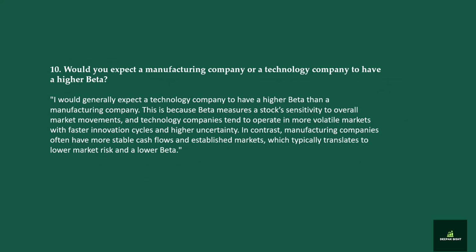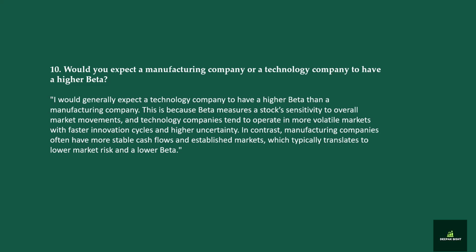Okay. So how would you expect a manufacturing company or technology company to have a higher beta? Beta is a measure of a stock's volatility relative to the overall market. We have discussed that. If the beta of a stock is one, the stock tends to move in line with the market, and beta greater than one indicates the stock is more volatile than the market.